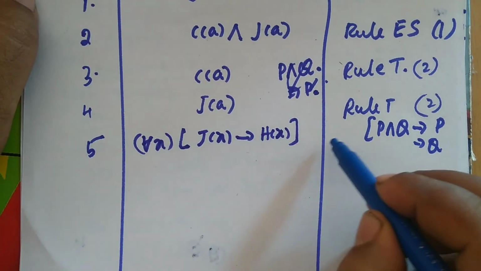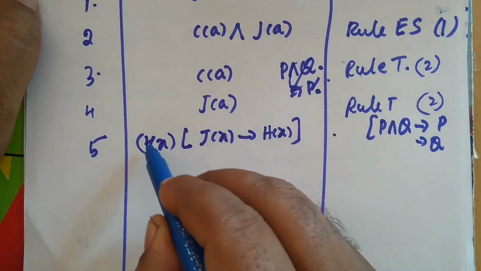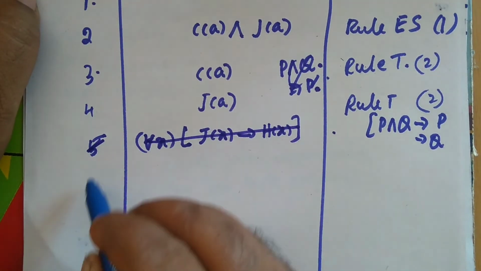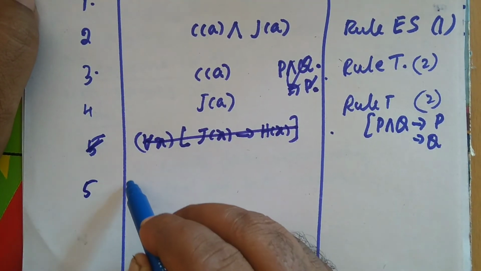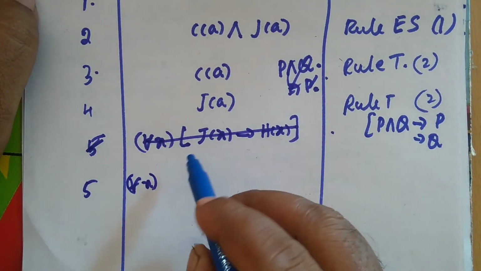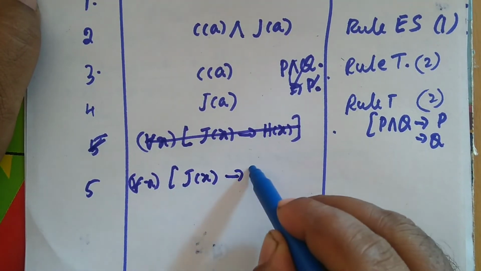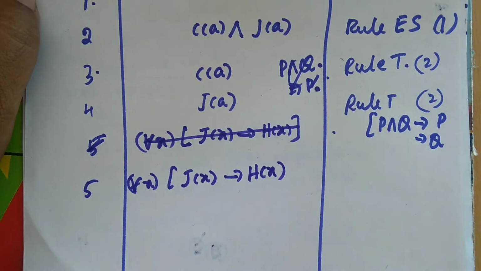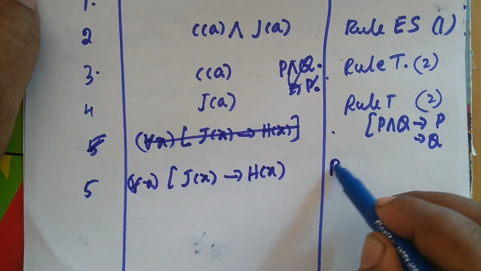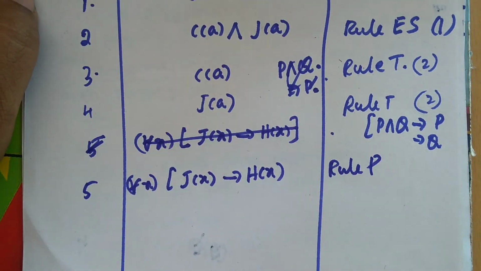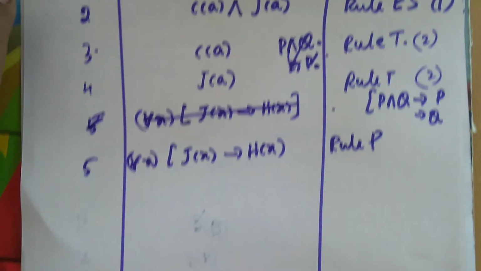So this is by rule P. So I cut and write a little bit. So that is 5, for all x, j of x implies h of x. So that is by rule P. We introduce the next one.